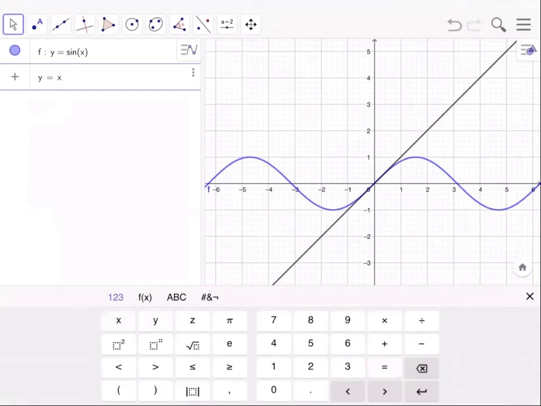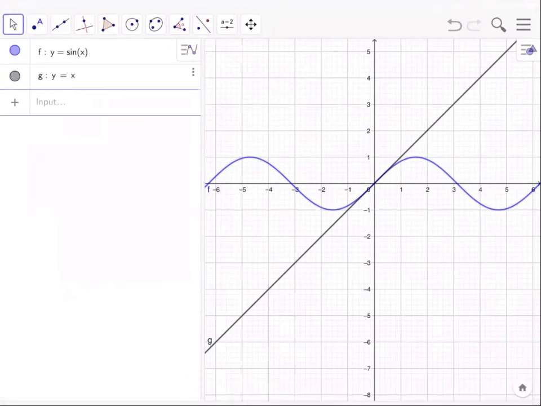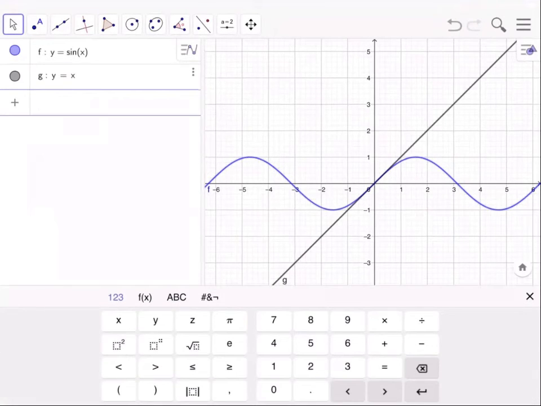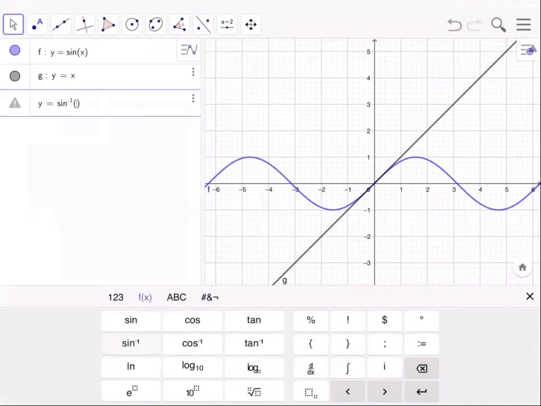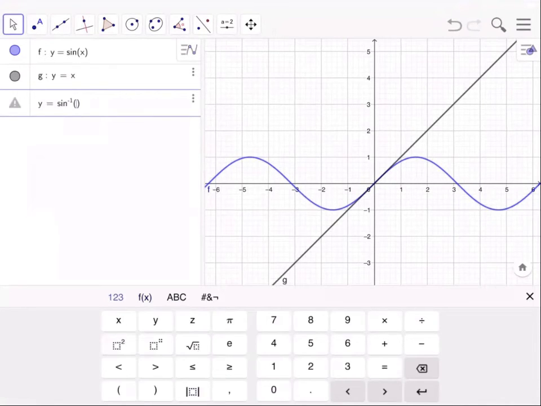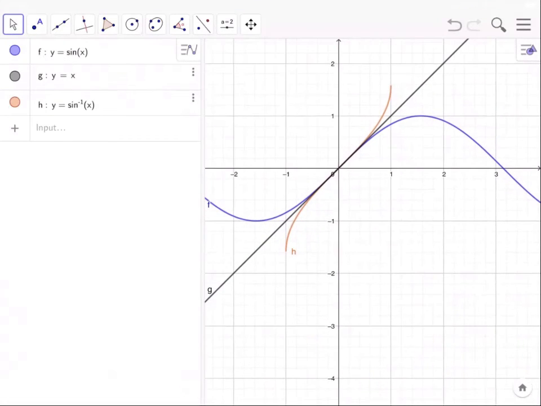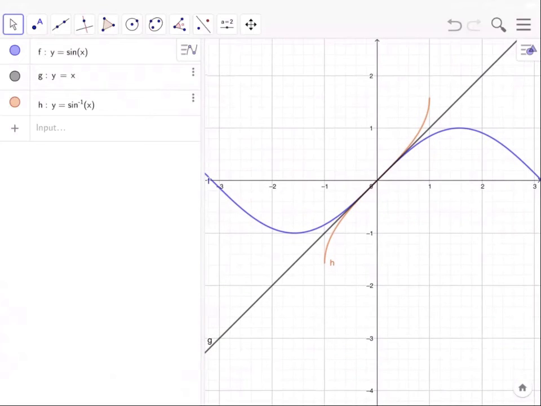That will give us the reflection line. And then let's add y equals the arcsine of x. So you see here that it's from negative pi over 2 to pi over 2, and it's perfectly reflected with respect to y equals x.